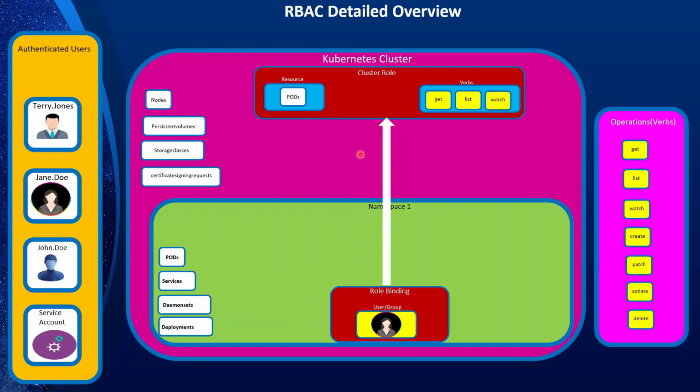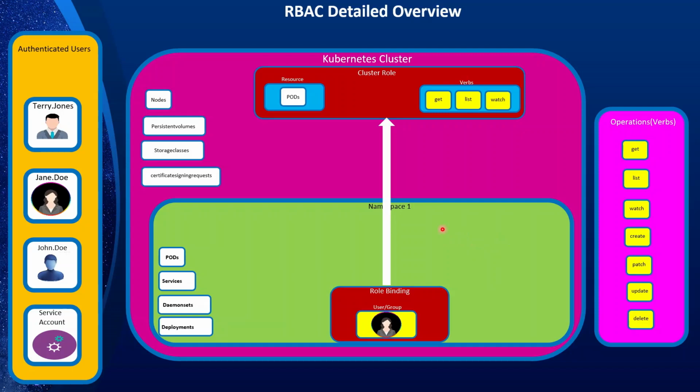So the advantage of creating the ClusterRole and assigning them through RoleBindings is that, for instance, if you have 10 namespaces, you can create 10 different roles and create 10 role bindings within each of those.